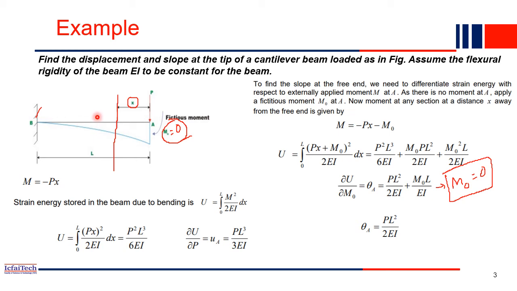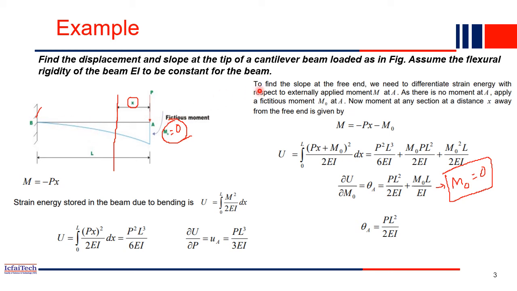So we apply an imaginary load, maybe P1 or P2, write the moment equation, do a similar process with integration with respect to P1, and at the end substitute P1 equal to 0, because in reality there is no P1. Whatever final expression you get is the deflection at that point. Similarly, slope can also be calculated at any point.